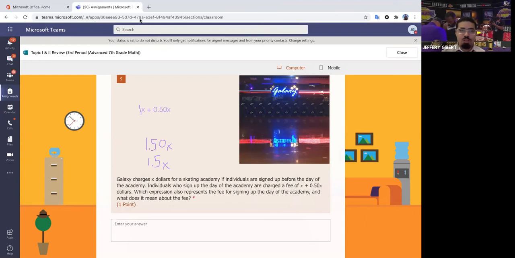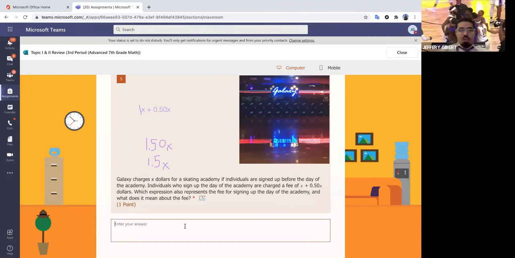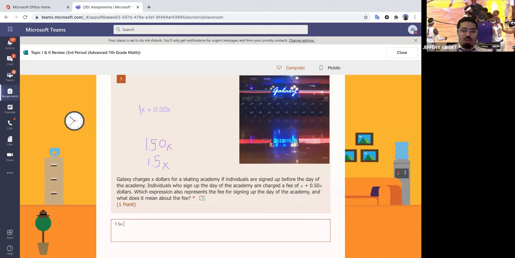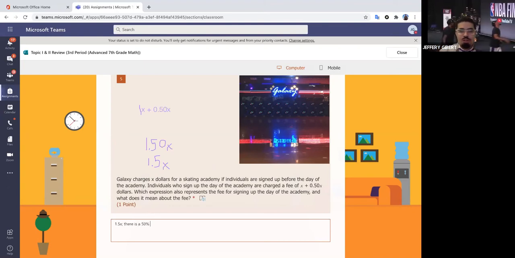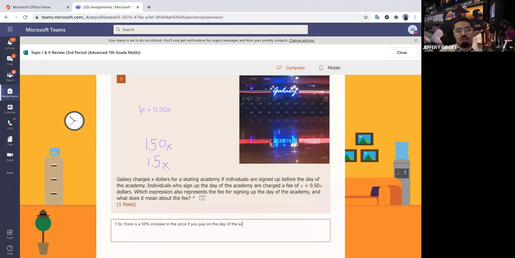decimal into a percentage. Again, it's going to be multiple choice, so you don't have to really worry about this. It's going to be 1.5x and something along the lines of there is a 50% increase in the price if you pay on the day of the academy.